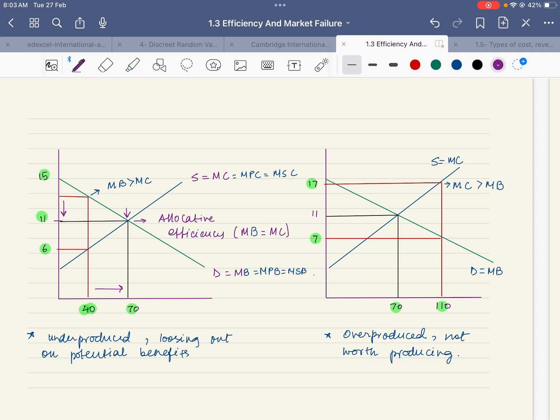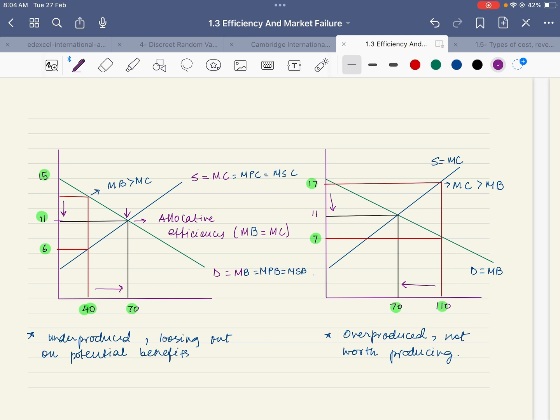So in order to attain socially optimum output, the output needs to be pushed back towards 70, or towards the equilibrium quantity, where the price will also come down and more people will be able to enjoy the benefits.